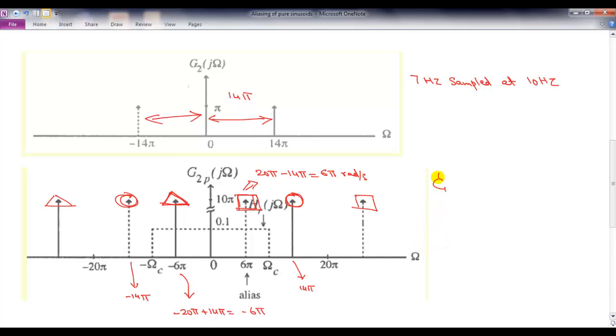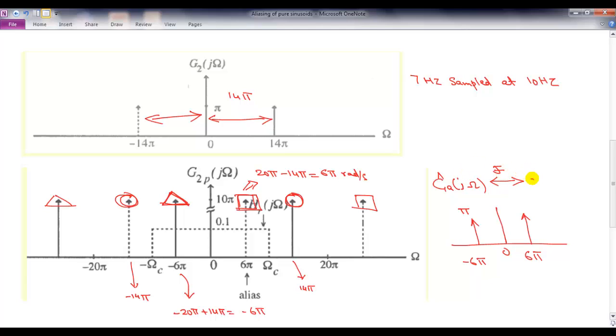So my g-hat of j omega, after low-pass filtering, will have 2 impulses, at minus 6 pi and 6 pi, and their area will be pi. If I convert that into the time domain, what do I get?